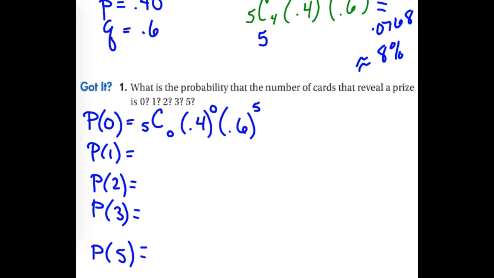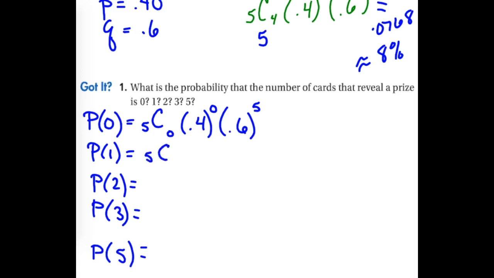I want all 5 cards to be failures, basically. No successes. The 0.6 is the failure. I need 5 of those. Okay, we're good.